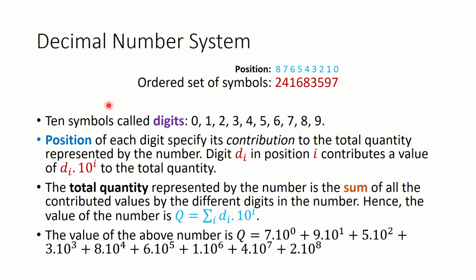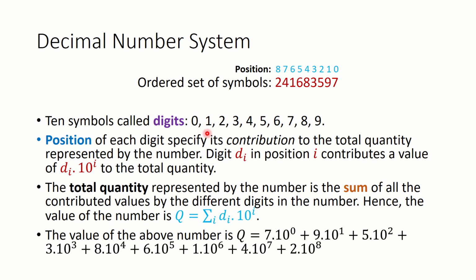So, in the decimal number system, these symbols are called digits, and there are 10 digits in total. These digits being 0, 1, 2, 3. These are symbols basically, but we have a definite meaning for each symbol.